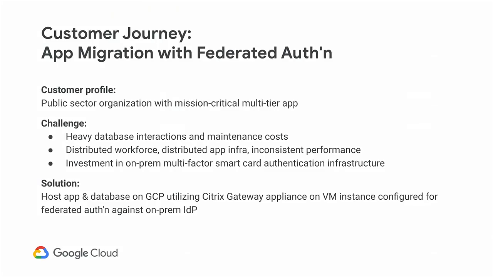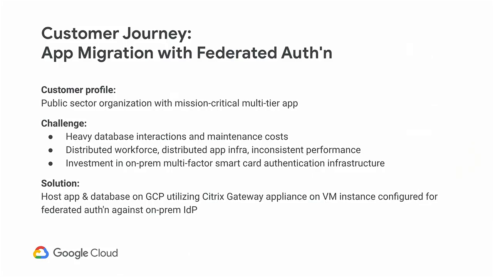So this next customer was a public sector organization with a mission-critical multi-tier app. Some of their challenges: they had heavy database interactions. They're trying to move to the cloud, but they were having trouble because if they moved the application away from the database, they weren't getting great performance.